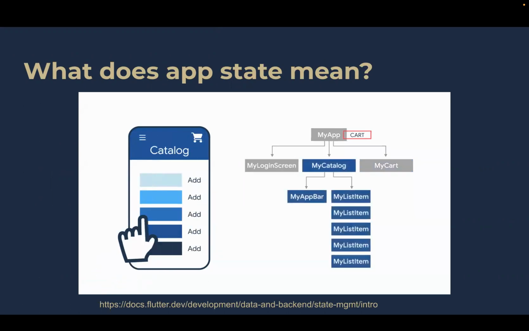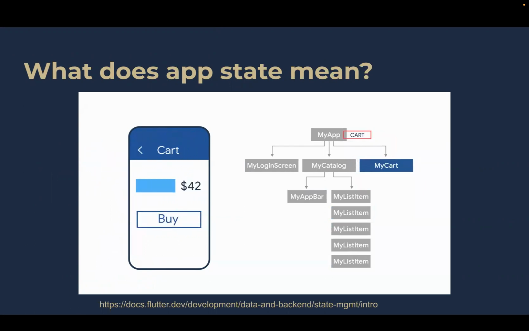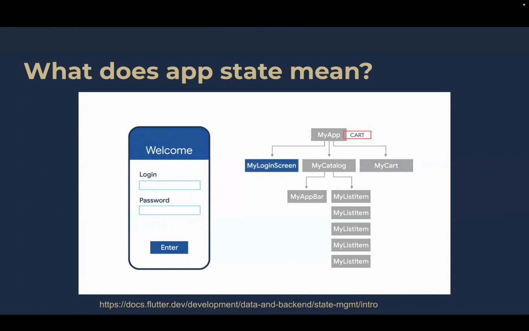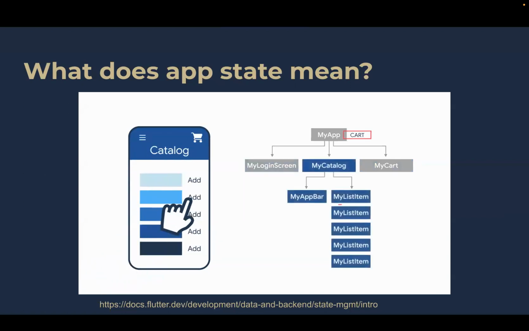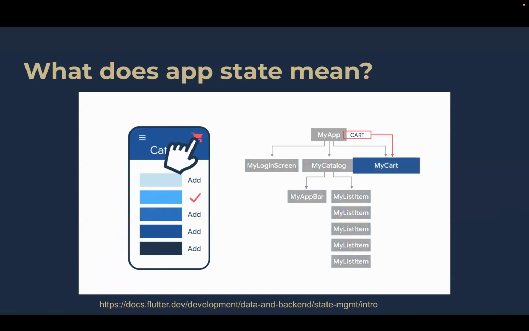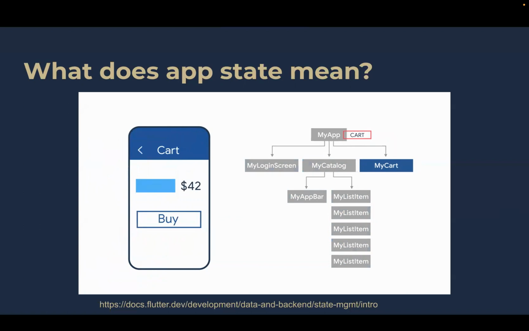So the Flutter docs have a pretty good state management tutorial, links there at the bottom, and they provide this pretty useful graphic. So if you have a widget tree that has My App at the core, and you have a login screen, a catalog, and a cart, this graphic is showing that you'll want to share state across the catalog and cart views.